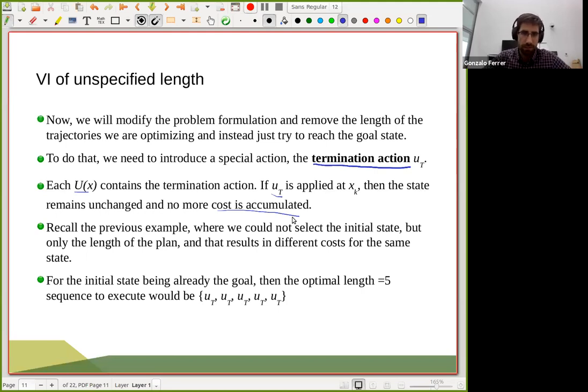So we are going to see now in an example later, right? In the previous example, it was a little strange that if we were in the goal state, we were doing all these lengths just around, just because we had to move, just because we needed lengths of that size. But it's more reasonable to think that, okay, you have reached the goal. It doesn't really matter that you do all trajectories of some given length.